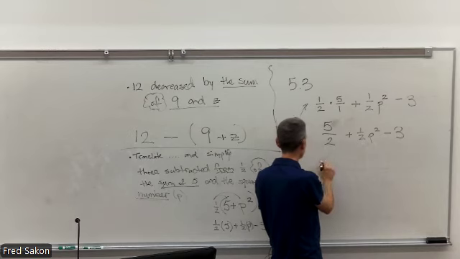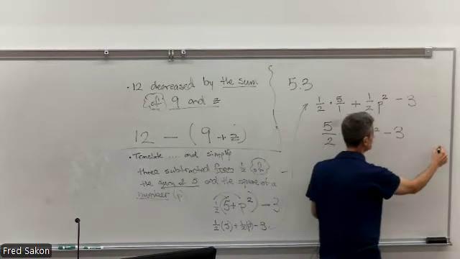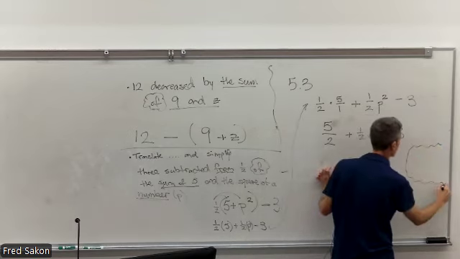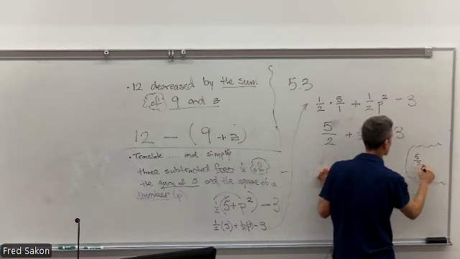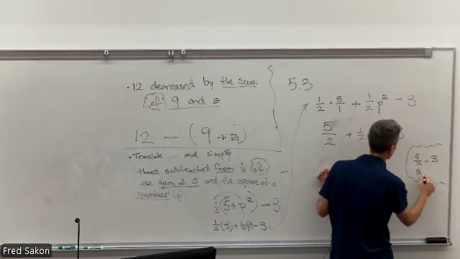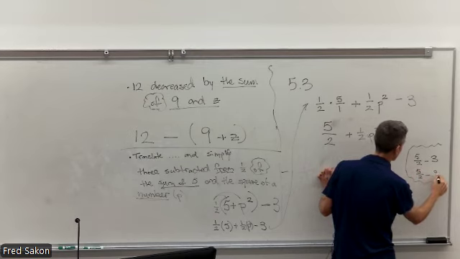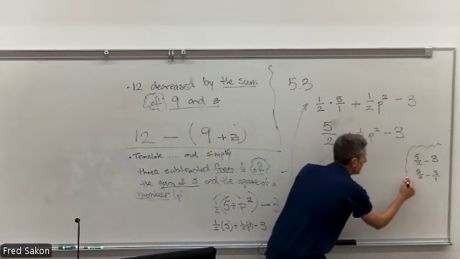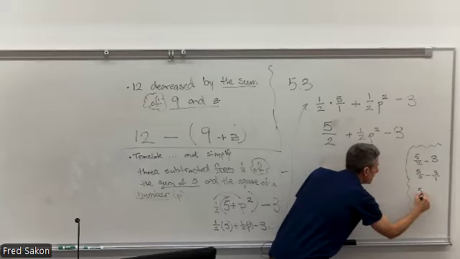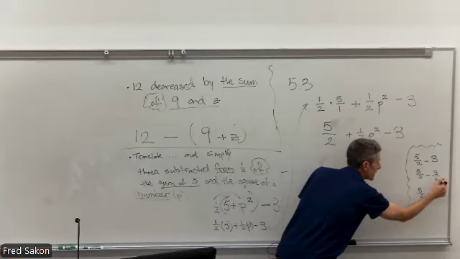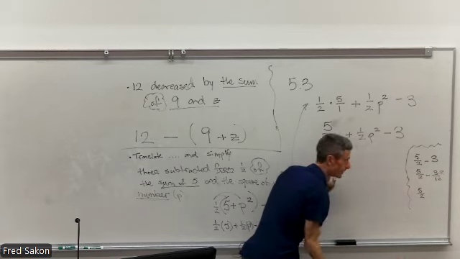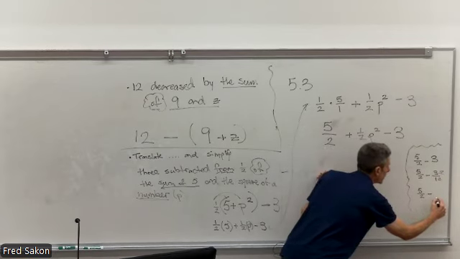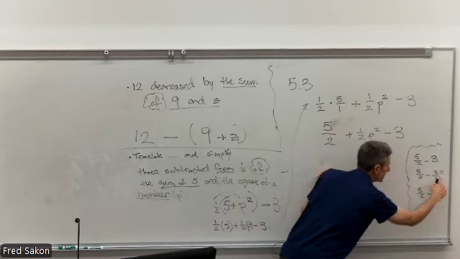So 5/2 minus 3, that's 5/2 minus 3 over 1. How do I get those to the same denominator? Multiply this one by 2 on the top and bottom, right? So I have 2 here, 6 there.